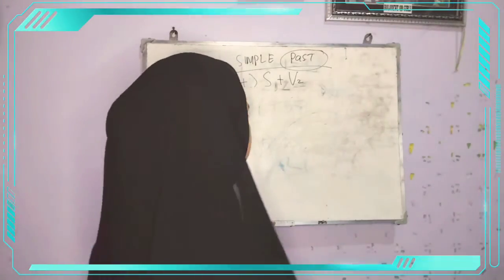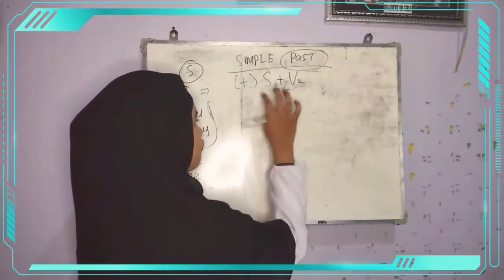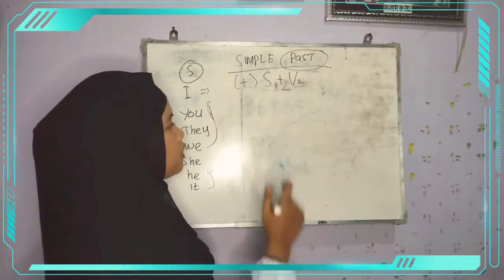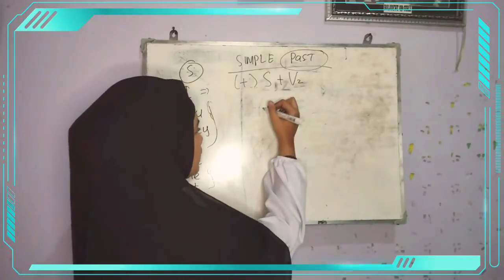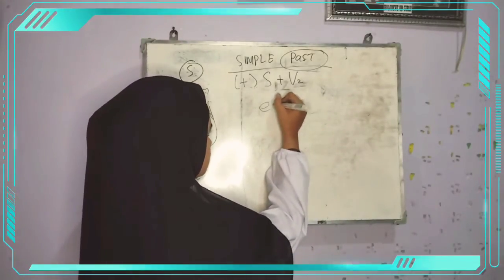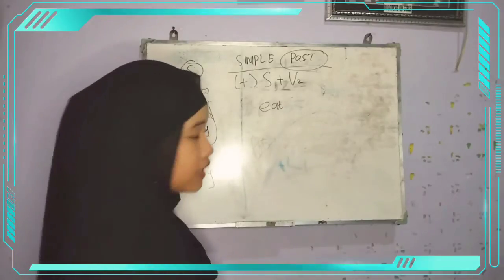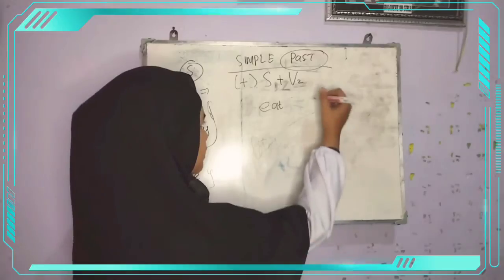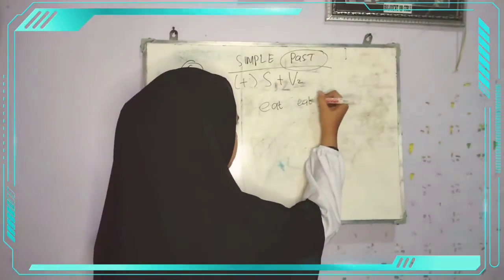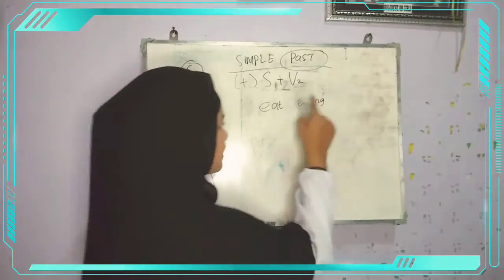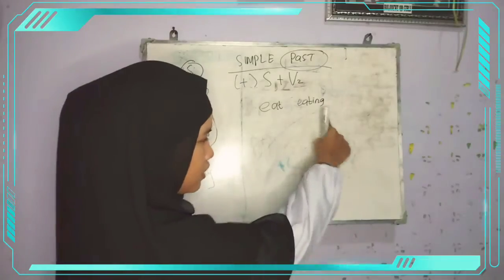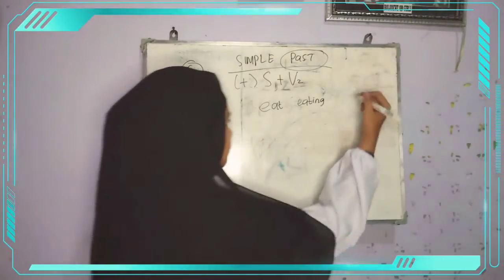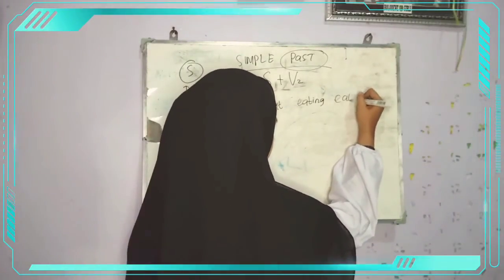You can look for that. Verb 2, I will give an example for verb 2. Eat. This is verb 1. Eating. This is verb -ing. Yes. Then eaten.